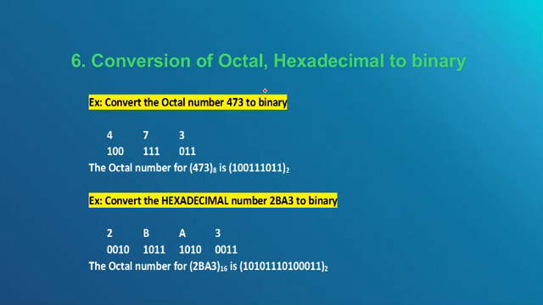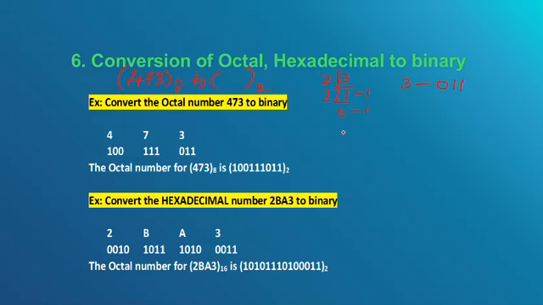Now we are going to convert 473 of base 8 to base 2. So I'm taking each digit. First for 3, you divide by 2: 2 into 1 is 2, remainder 1, again 2 into 0, remainder 1, so 3 is represented as 011.